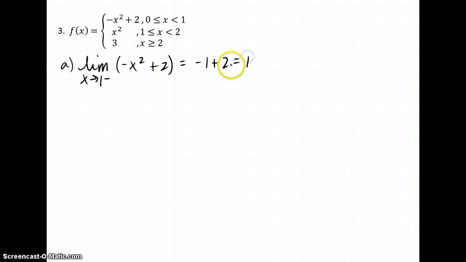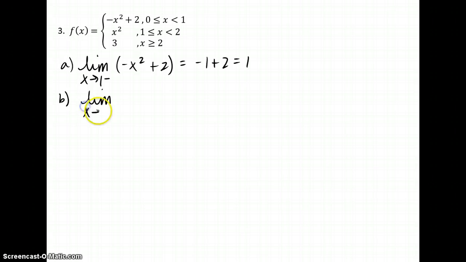Alright, number 3 was asking for various limits. So given this piecewise function, the first limit as x approaches 1 from the left-hand side. So looking at the piecewise, that would be the negative x squared plus 2. Making a direct substitution, the limit is positive 1.